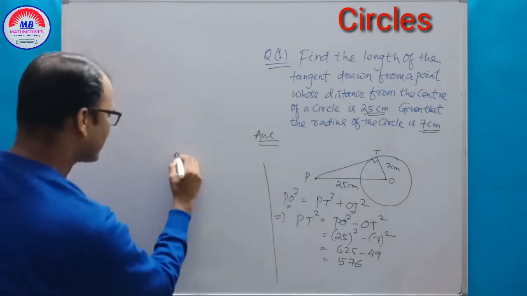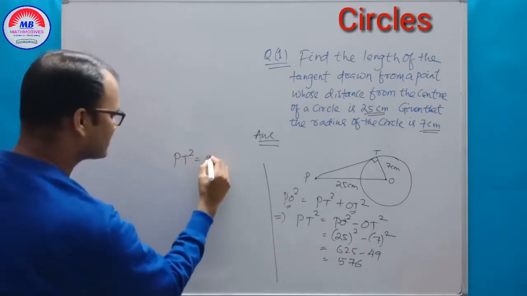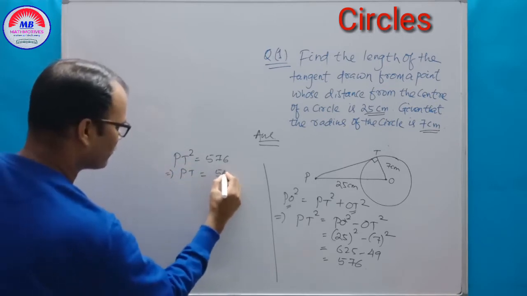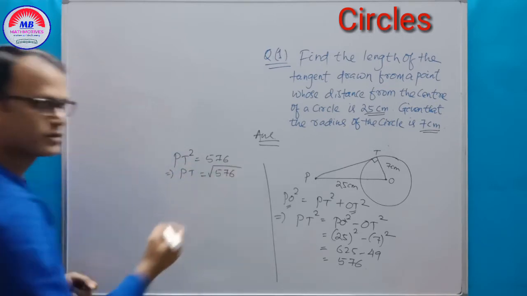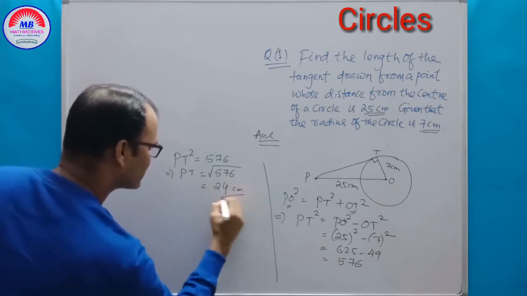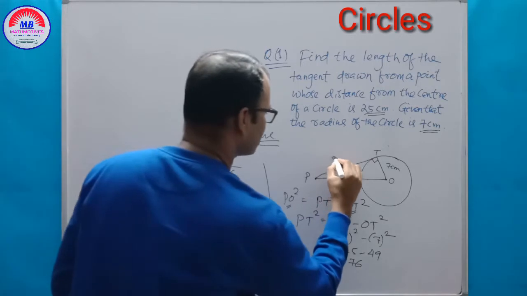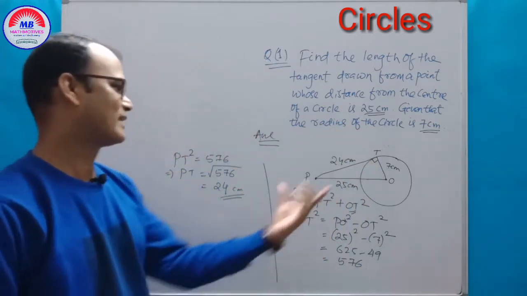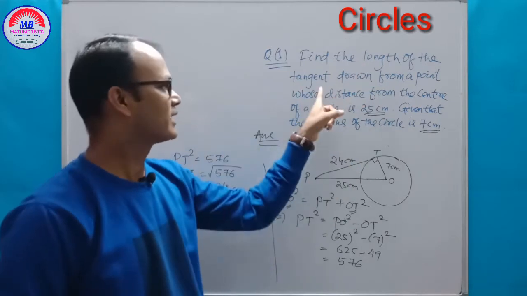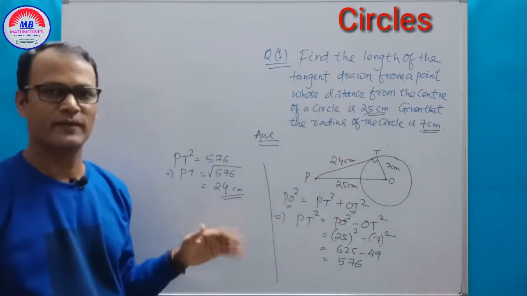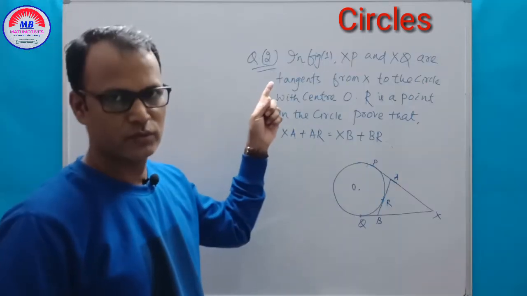If PT square is equal to 576, that implies PT is equal to the square root of 576, that is 24. So the length of the tangent is 24. It is a very easy question. Okay, next question.